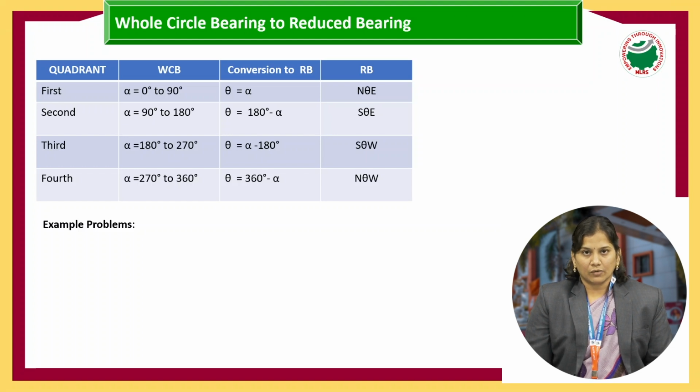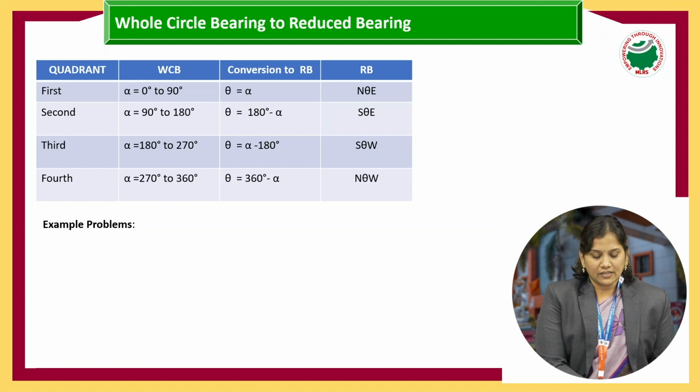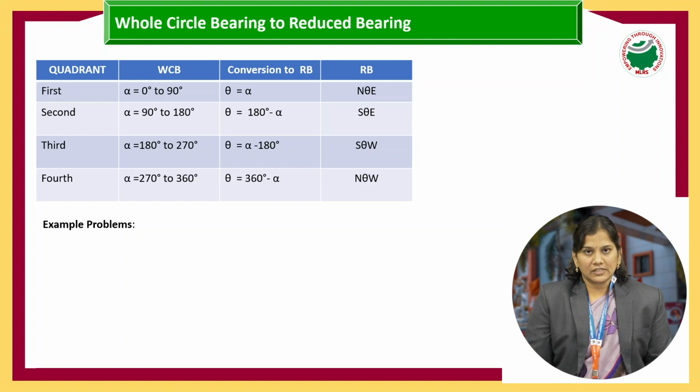When our survey line is in the first quadrant, the whole circle bearing value is 0 to 90 degrees, that is, north to east. If the survey line is in the second quadrant, the value is 90 degrees to 180 degrees.